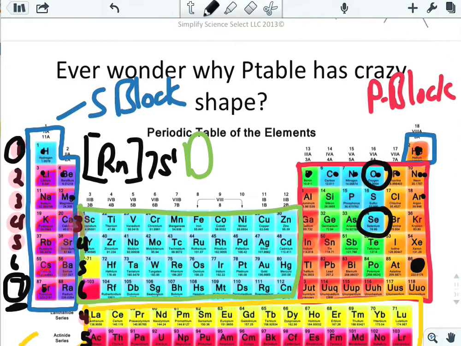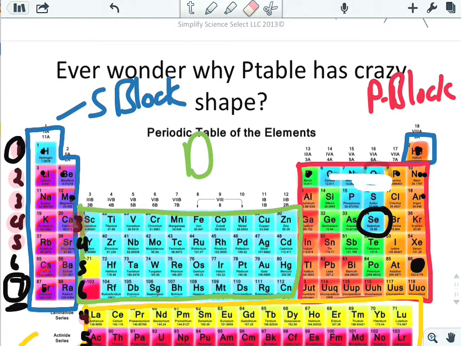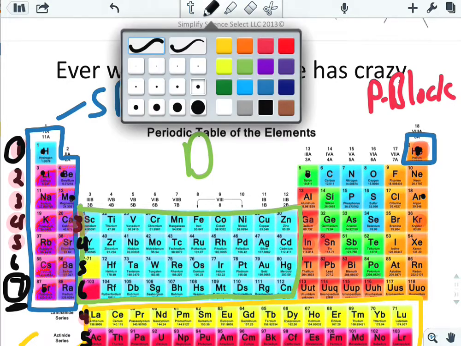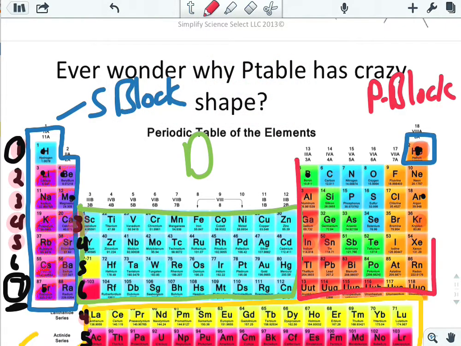So let's look at our periodic table, erase some of our old stuff, and find the electron configuration for oxygen. Let me draw the P block back there. There's P. So all we do, like always, is start at the top. This is the 1s block, 1, 2.